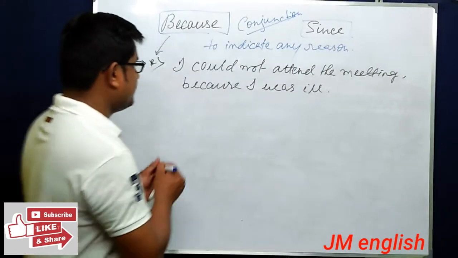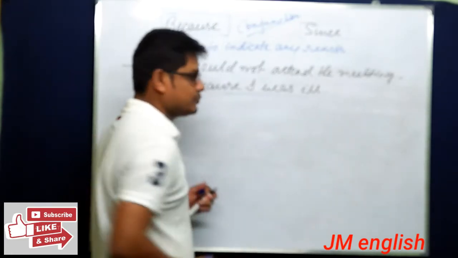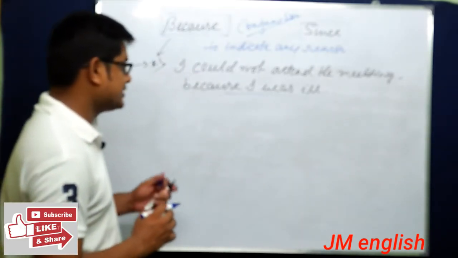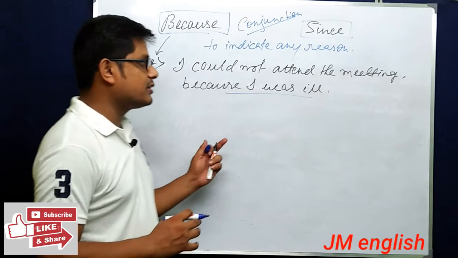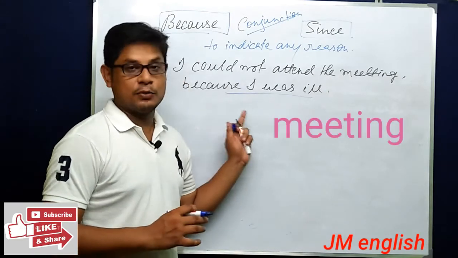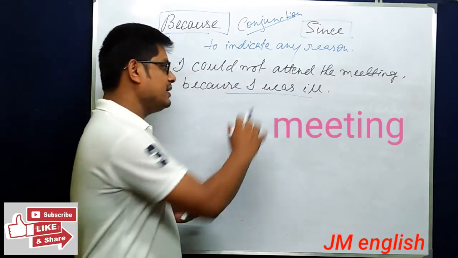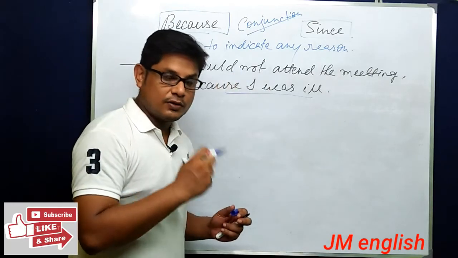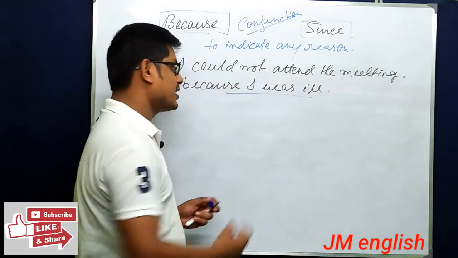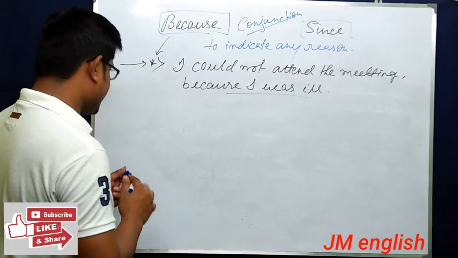In this sentence, because I was ill is a very important part of the sentence. Why was I not able to attend the meeting? Because I was ill. That's the reason. And maybe the reason is not known to the person you are speaking to. This is sentence number 1.